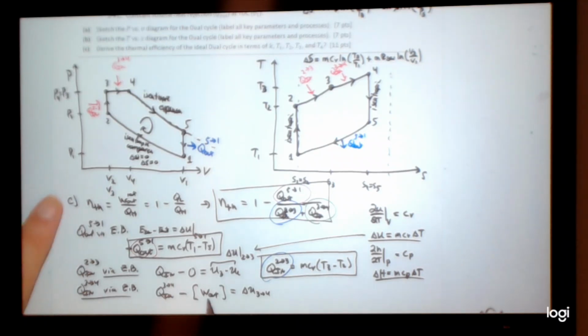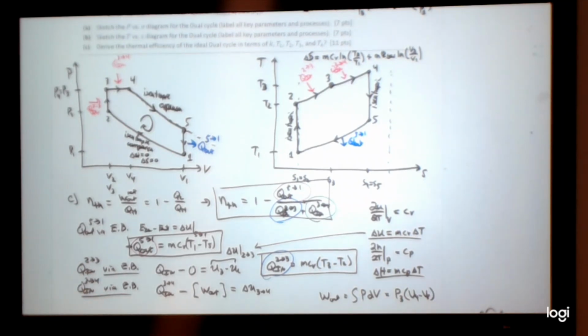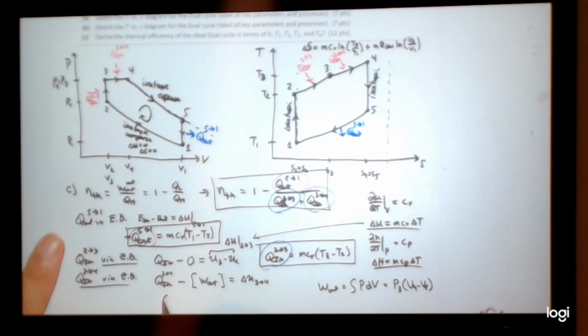Now what is work out? Work out equals the integral of P dV. Well, pressure was constant, which equals P3, and then I got a V4 minus V3. So rewriting this, Qn 3 to 4 equals delta U 3 to 4, and then I have a plus P3 (V4 minus V3).